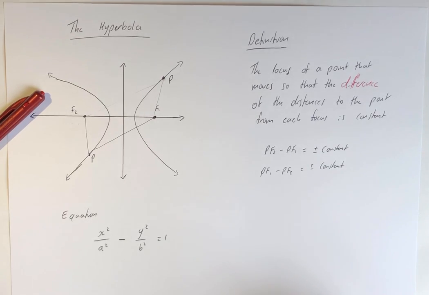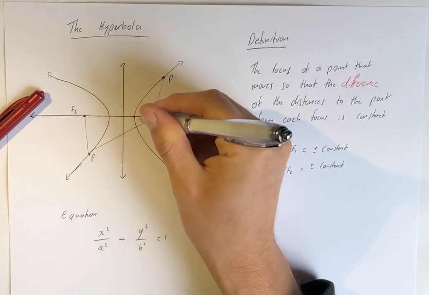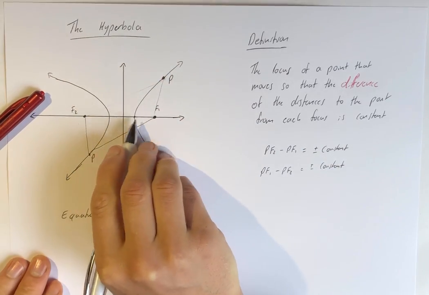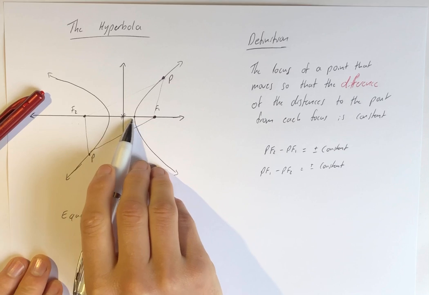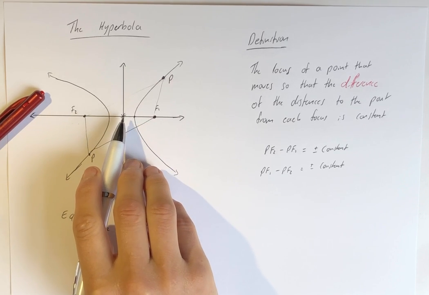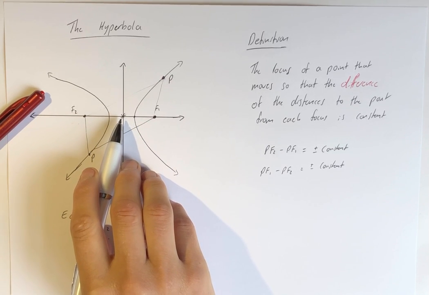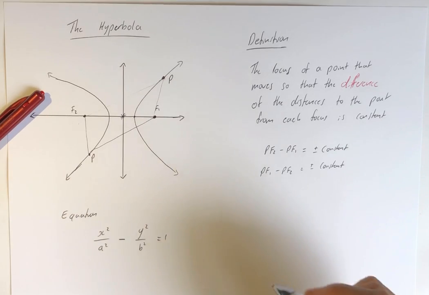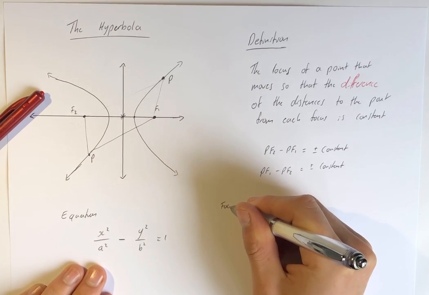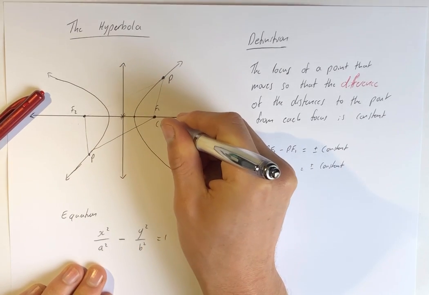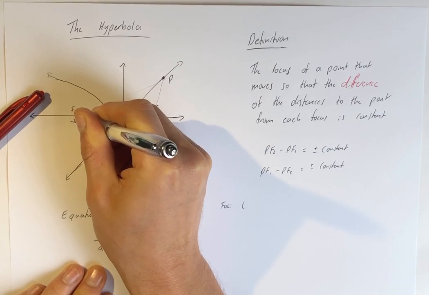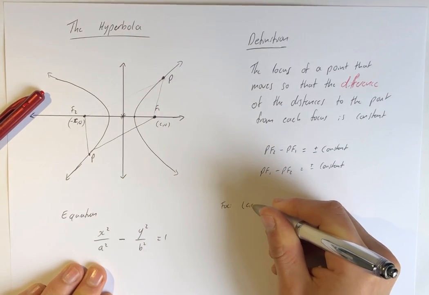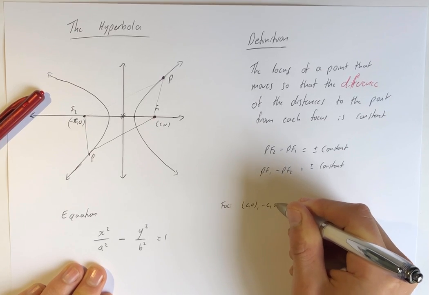Okay, so what we're going to do now is define a few things. We still call these the vertices, but this here is the center. Halfway between the vertices is the center. The two foci are at (c, 0) and (negative c, 0).